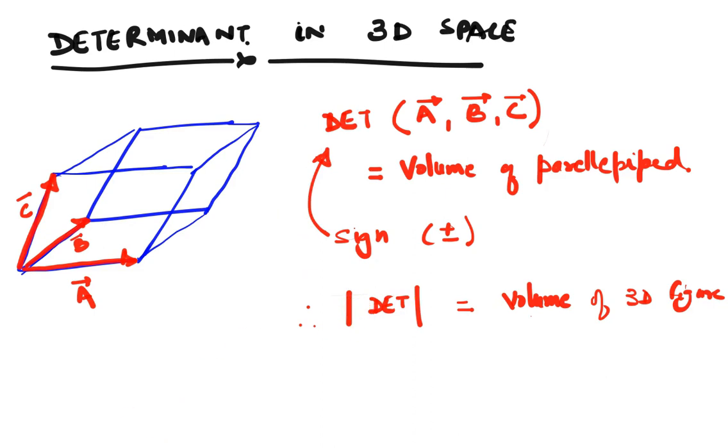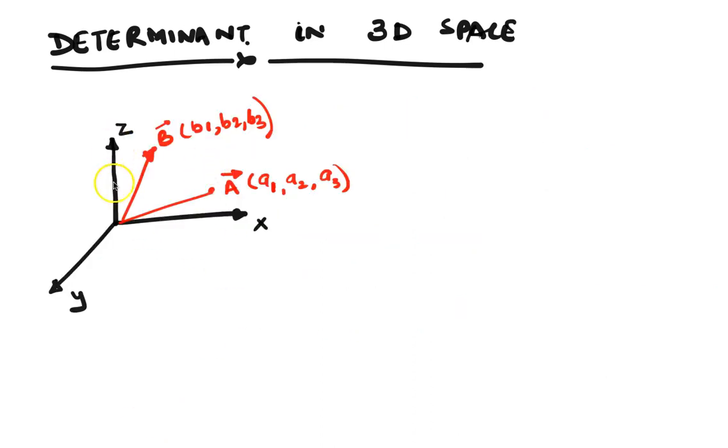Let's take this. Okay. So if you have a three-dimensional space x, y, and z, you have two vectors in this space: A vector represented by coordinates A1, A2, and A3, and B vector represented by B1, B2, and B3. Then the cross product between A and B, right?